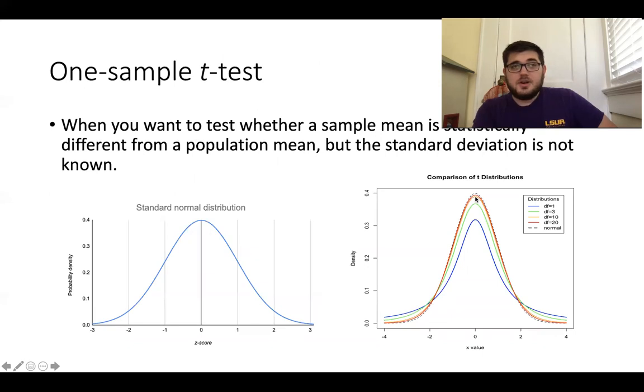And since you know that male height, regardless of whether you're in honors or not, is 5'7", you would end up with a difference between your sample of men who are in honors and the general population. And that difference would be placed somewhere on the t distribution.